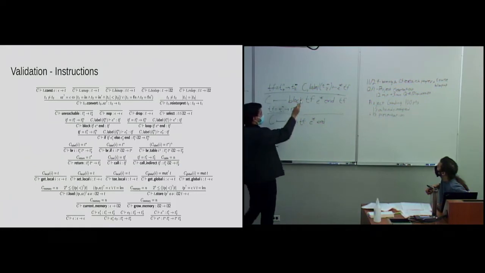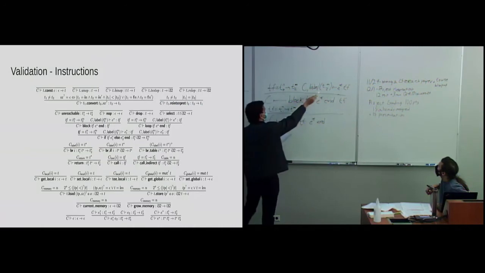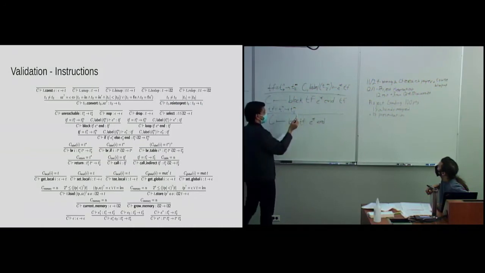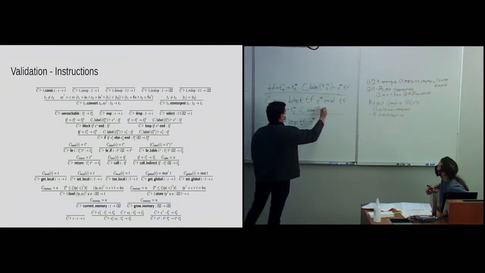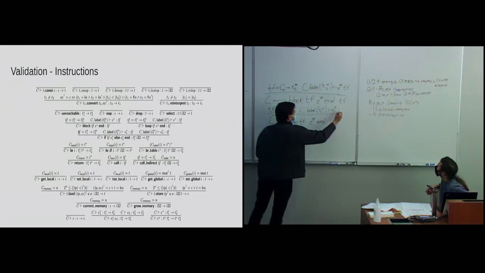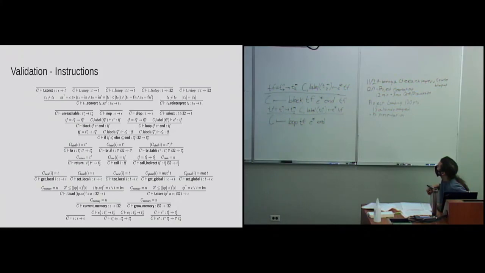But then the label that you append to the context should not have the type of T sub 2 m. It should have the type of T sub 1 n. And the reason for that is because if you branch out of a loop, it doesn't branch to the end of the loop, it branches to the start of the loop.